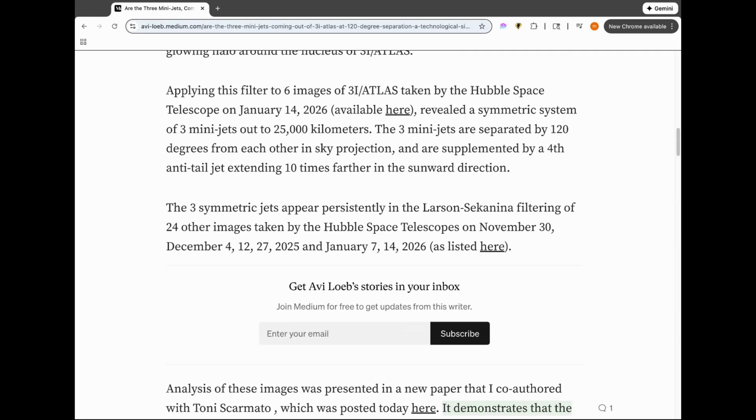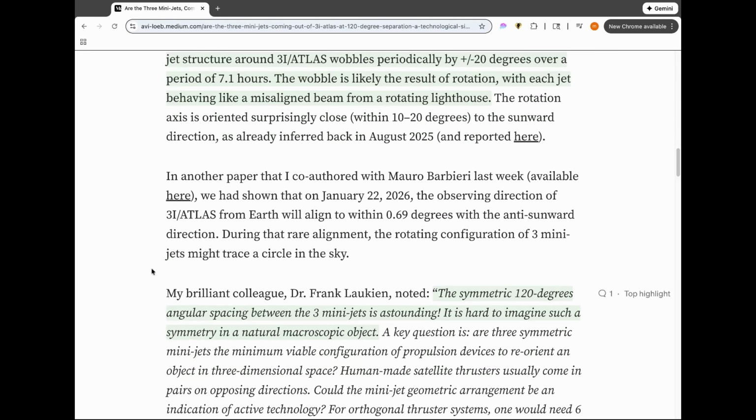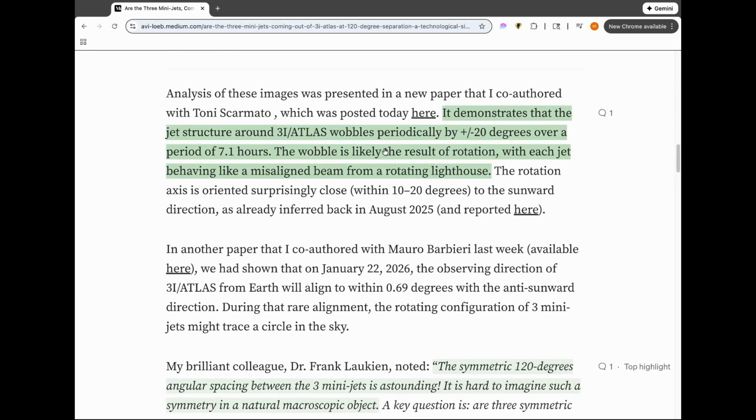So let's go down a little more. Oh boy, so they applied a filter. That's how they got some of those images from Hubble. Symmetric three mini jets out to 25,000 kilometers. The three mini jets separated by 120 degrees from each other, with the anti-tail. It demonstrates the jet structure around Atlas wobbles periodically by plus or minus 20 degrees over a period of 7.1 hours.